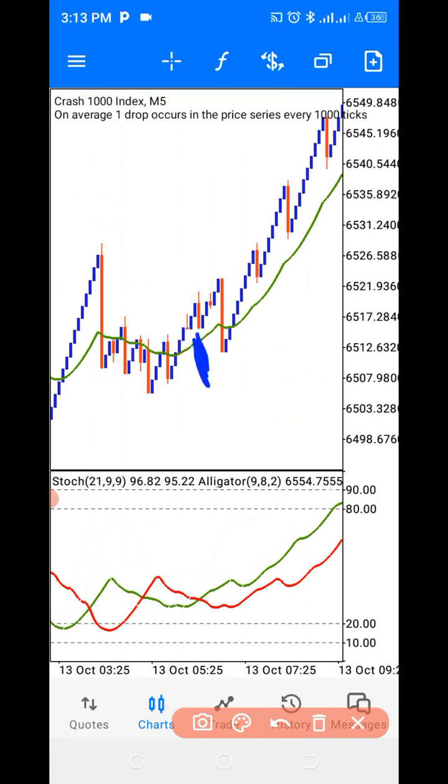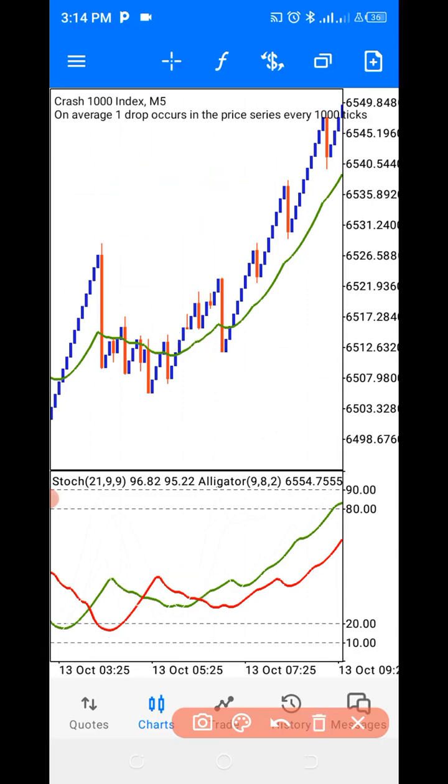So once price is above it, like we have it here, you can take your buy. While you are doing that, make sure the green moving average has touched the 20 level or the 10 level, as the case may be, for Crash 1000. So once the two confirmations are met, then you can take your buy.